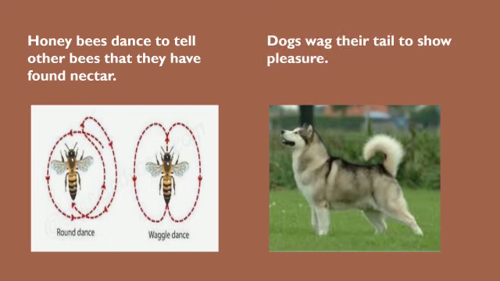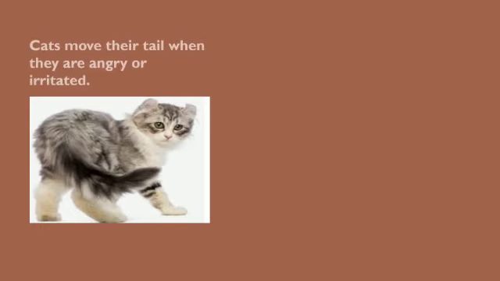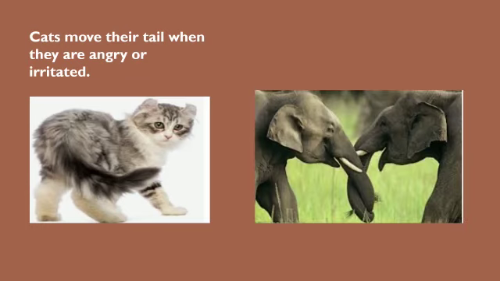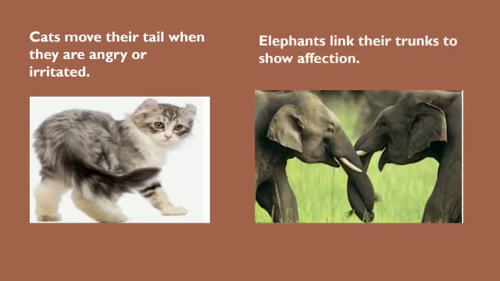Dogs wag their tail to show pleasure. Cats move their tail when they are angry or irritated. Elephants link their trunks to show affection.